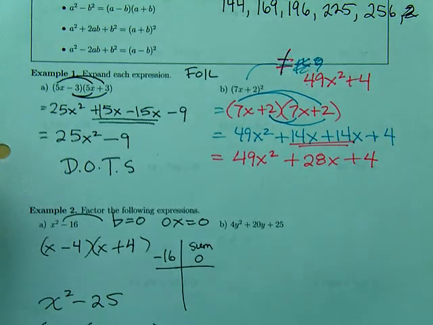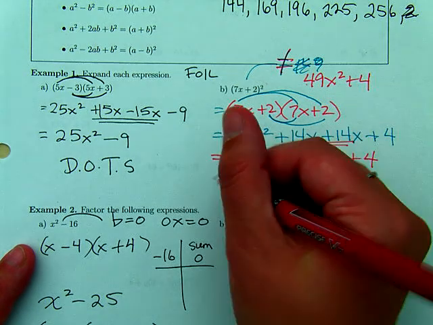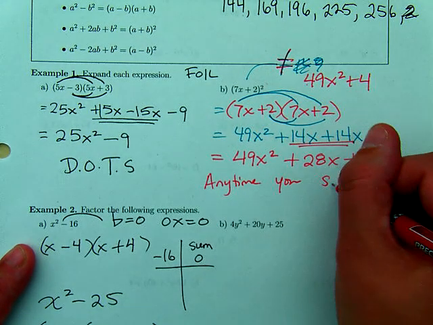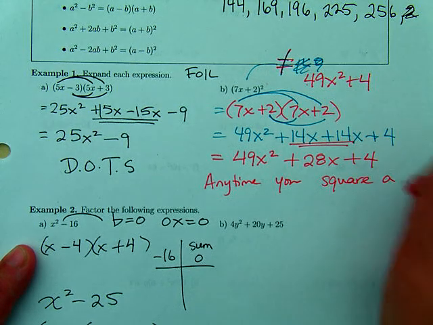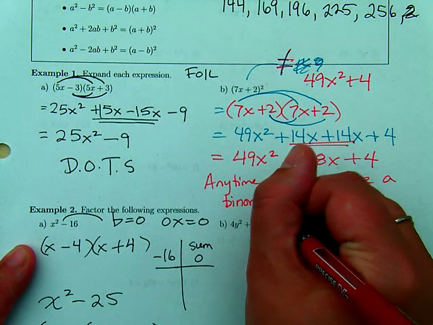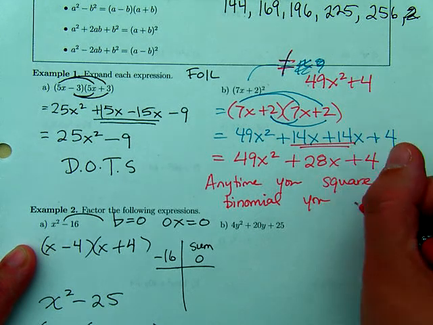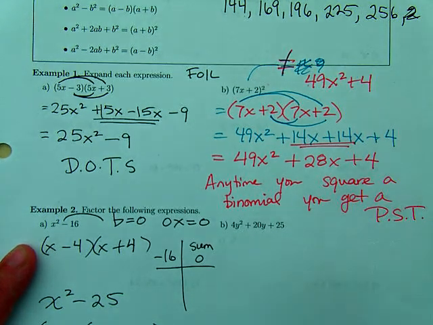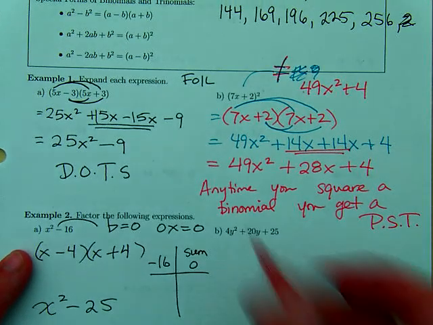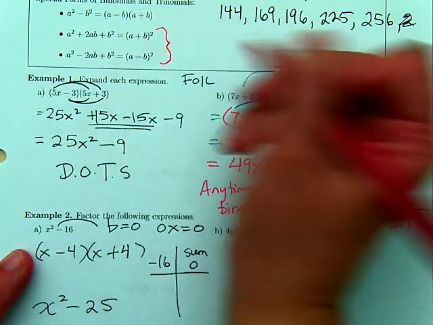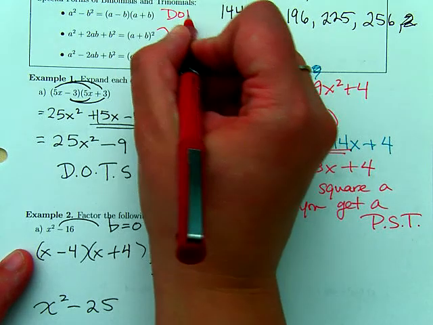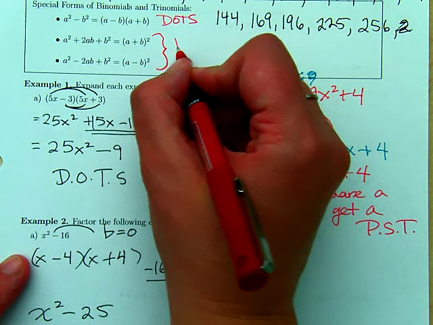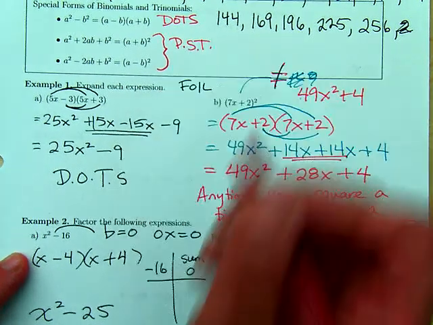So anytime you square a binomial, let's write this down. Anytime you square a binomial, you get a PST. A PST are these two. So this is dots. And these bottom ones are called PST. Do you want to know what that stands for?